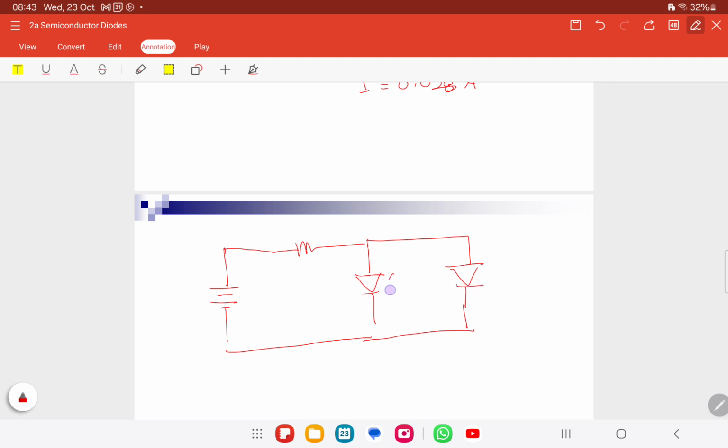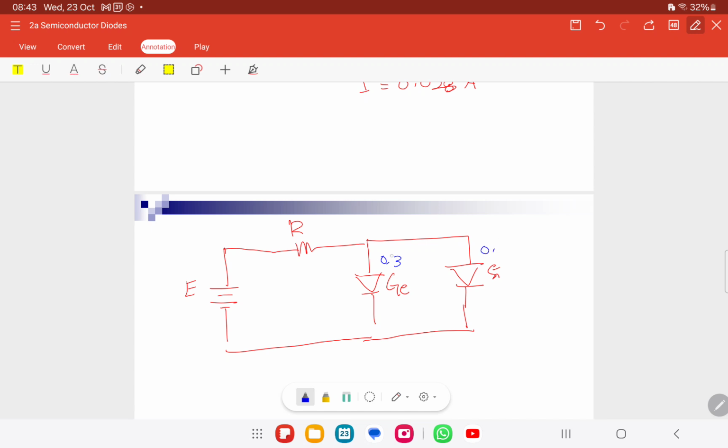Okay, let's say this is germanium, this is silicon. Okay, R E. Germanium, what is the value? Voltage dia berapa? 0.3. Okay, this is not on 0.3.